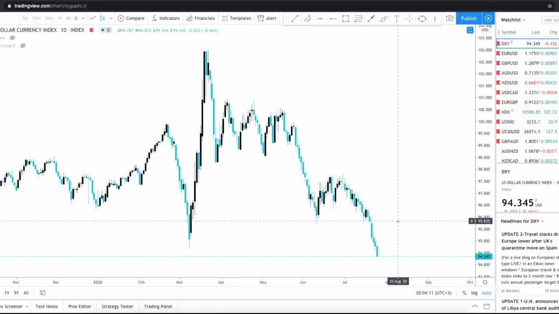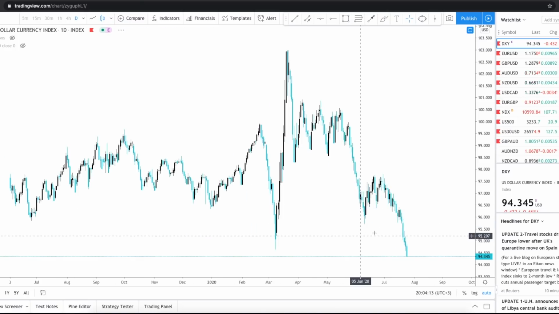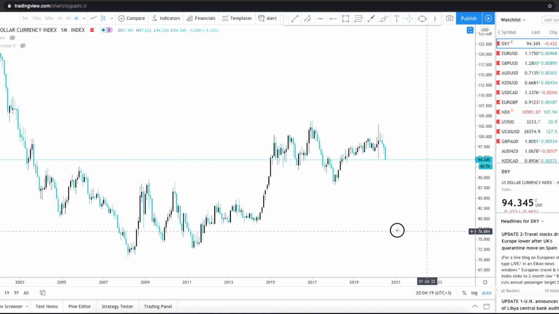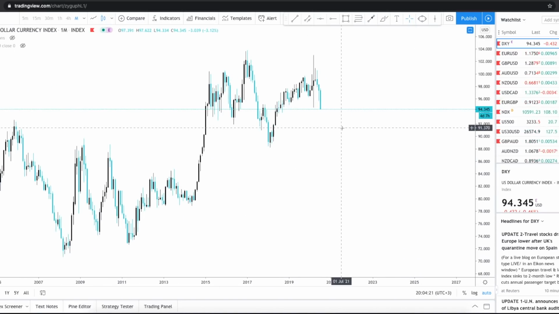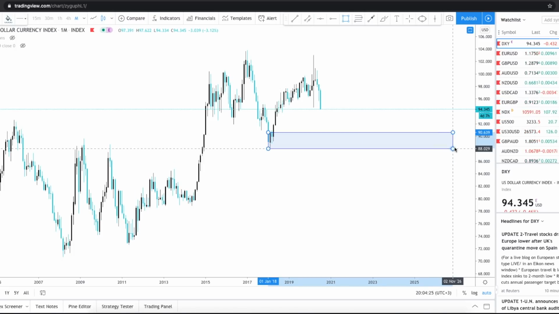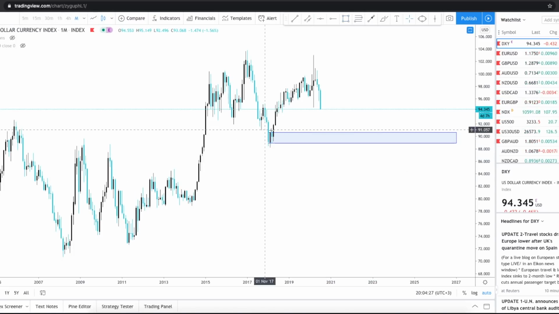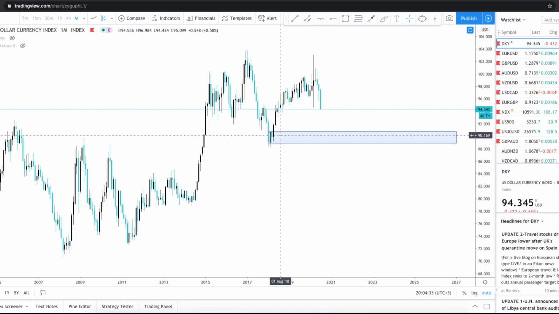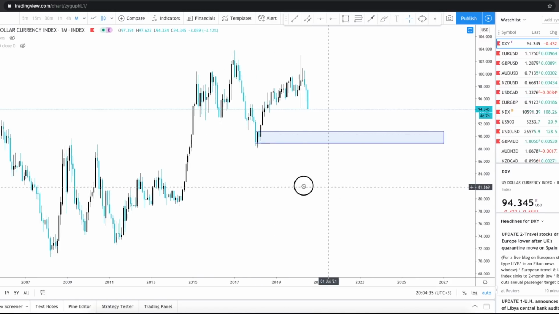Now, what can we expect in the future, and where is the US dollar headed to? Let's go to the monthly chart. So right away, you can see that on the monthly chart, we have this area right here, which can be labeled as the money box or the order block, if you want to call it that.